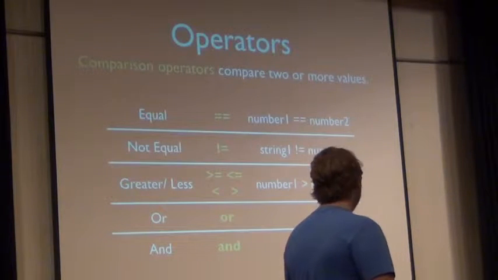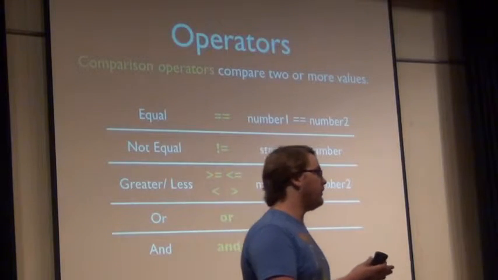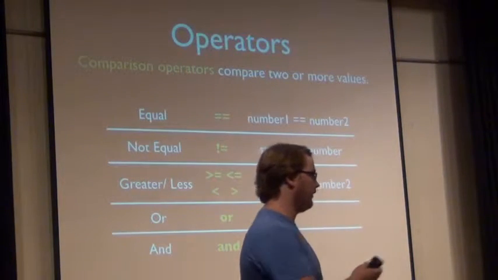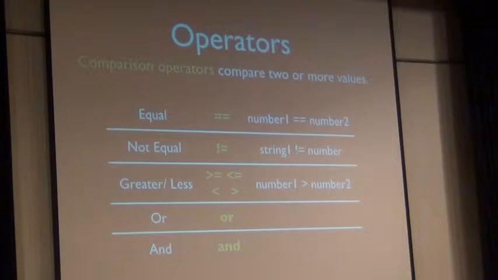So, can anybody tell me what they would expect the or to be used for when you're checking for comparisons? Yeah, like your switch says on or off. Or I guess basically it's searching for one or the other. Right.